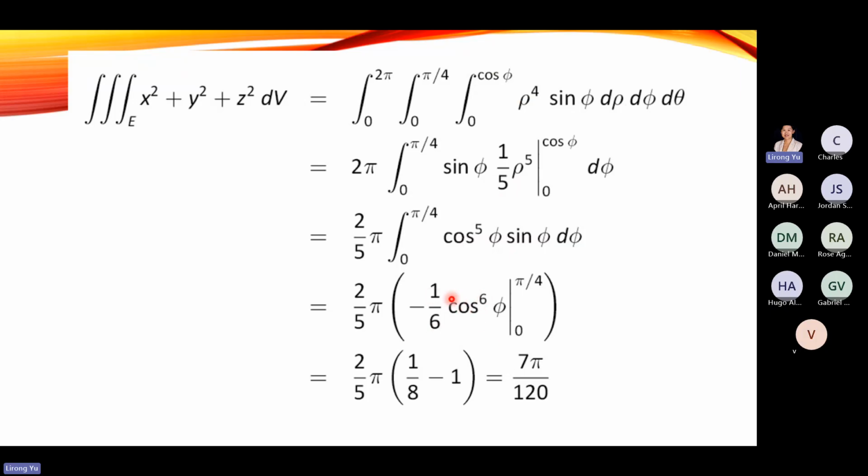That's what we have. After writing back to the original variable, put in pi over 4. That will be the answer here. Everything in the rest of the integration is not too hard to see the process. Any questions? So I hope that kind of explained the setup of the integration limits for that.